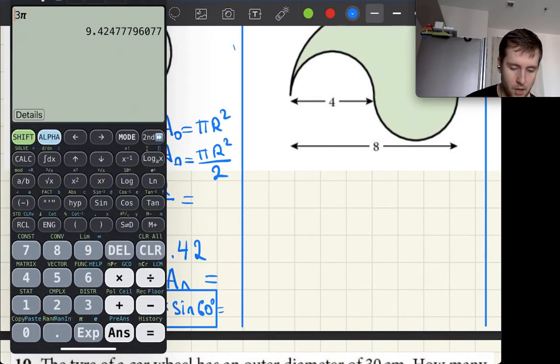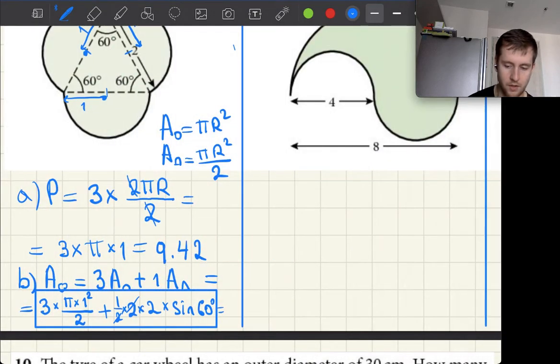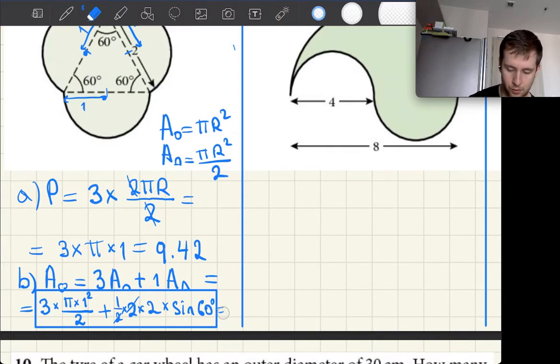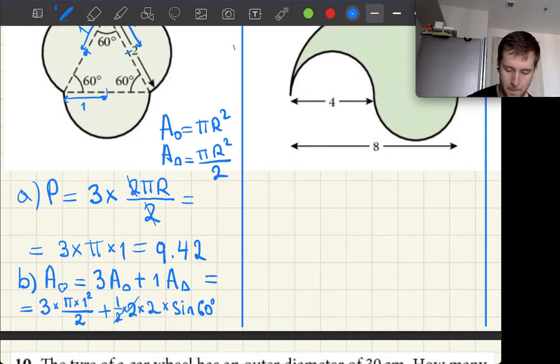So 3 pi over 2, you could say that, plus 2 sines of 60. 6.44 is the answer in this case. 6.44. Yeah, totally no space. I don't know how to fit this here. 6.44, like this. So that's the answer.